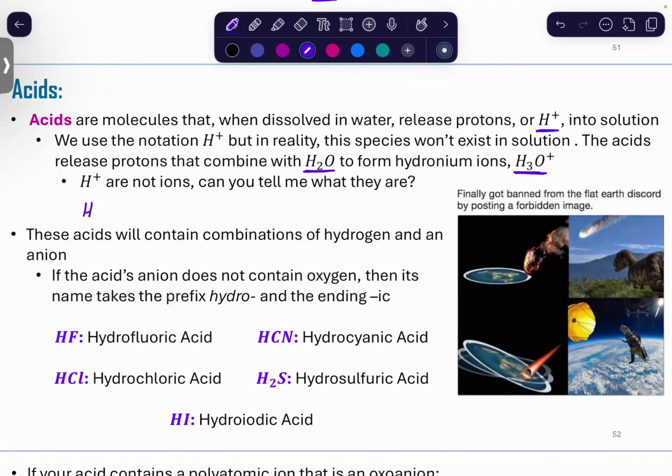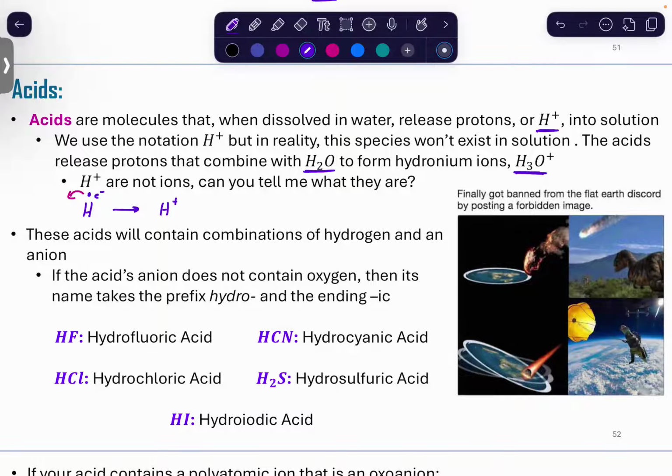So hydrogen, if we look at the Lewis diagram, has 1 proton and 1 electron. If I strip that electron off, I get my H plus.